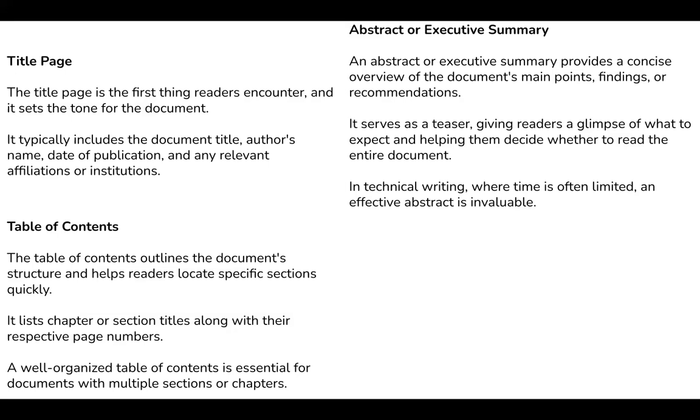So the table of contents lists chapters or section titles along with their respective page numbers. Sometimes they don't include page numbers, right? So a well-organized table of contents is essential for documents with multiple sections or chapters. So these two are mostly common when you have long articles, whole PDFs, a whole book or things like that.